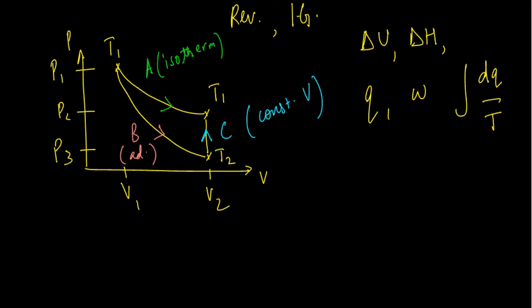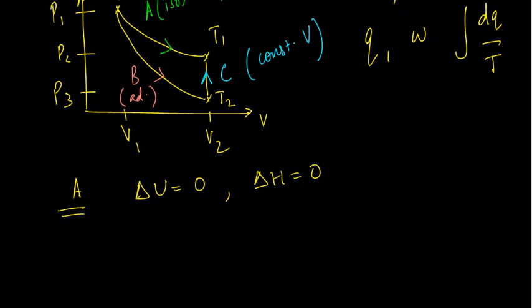Let's do this. So path A. Delta U is zero, delta H is 0.